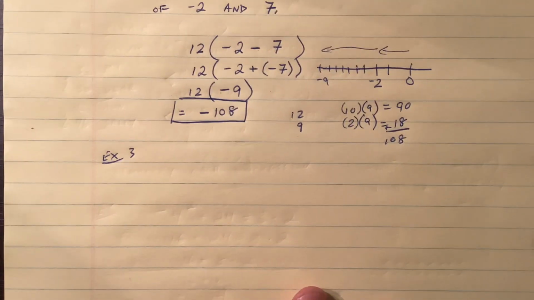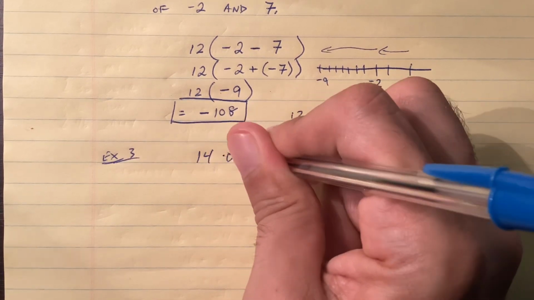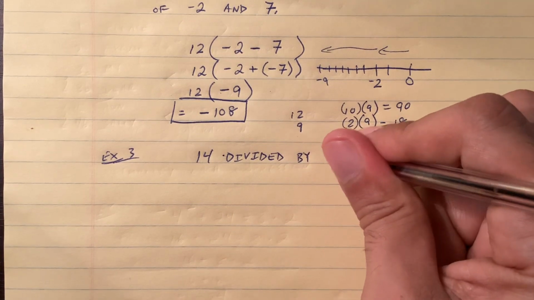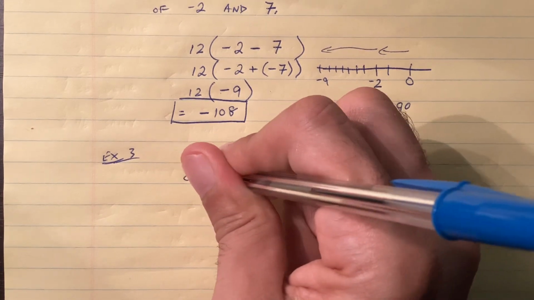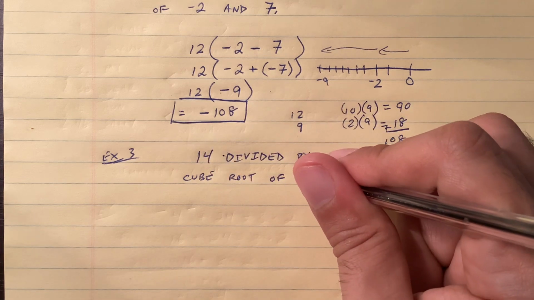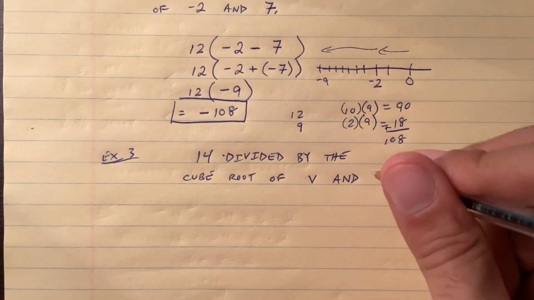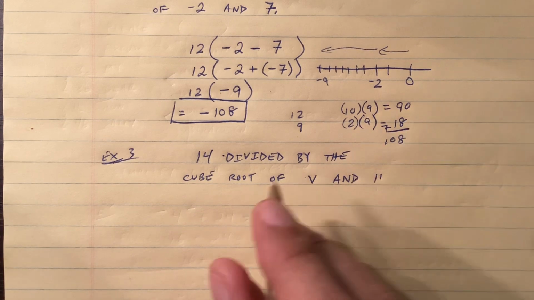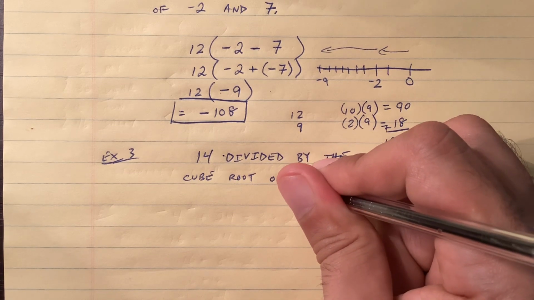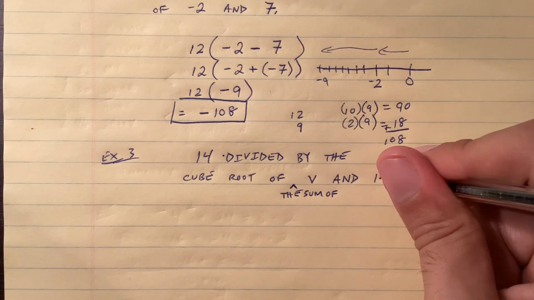Practice our translating. Example 3. Let's say we have 14 divided by the cube root of the sum of v and 14.